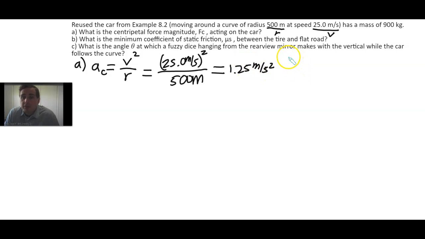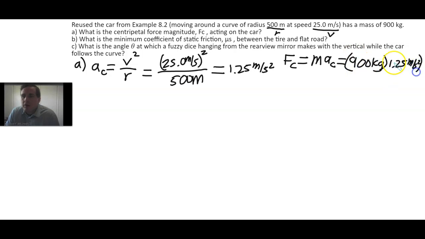We're actually looking for the centripetal force. Now the centripetal force, which is the magnitude of the net force when the object is turning, is mass times centripetal acceleration. So that should be 900 kilograms multiplied by 1.25 meters per second squared.